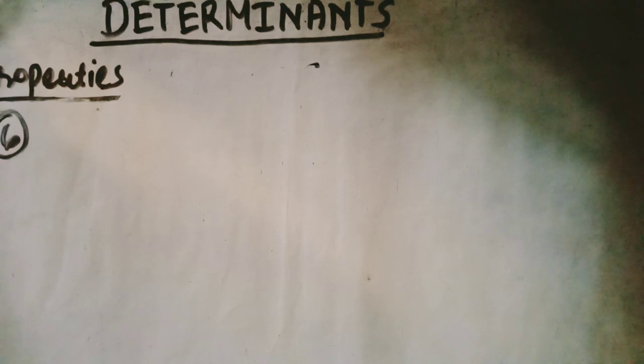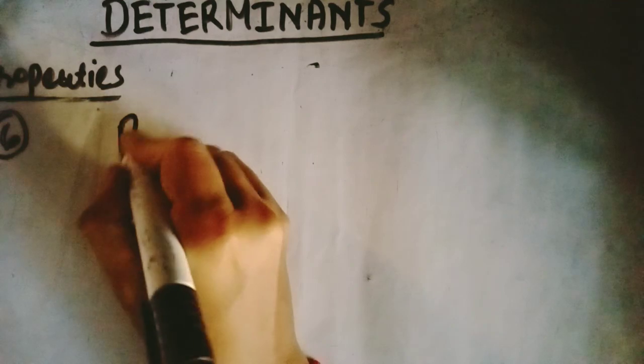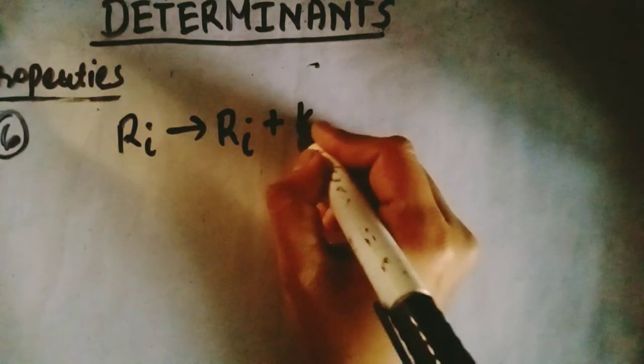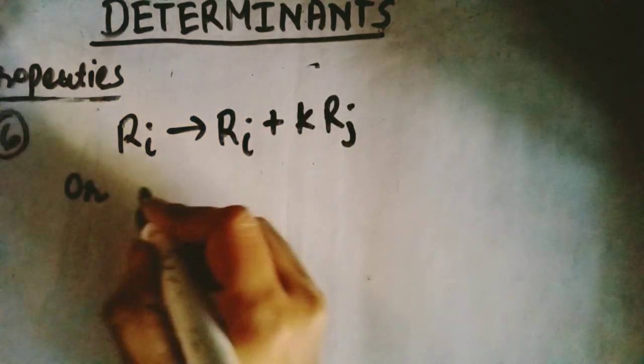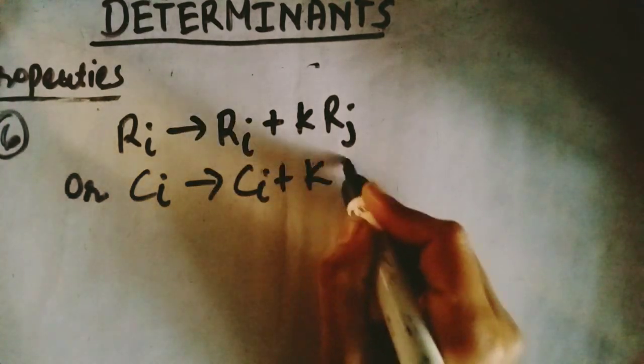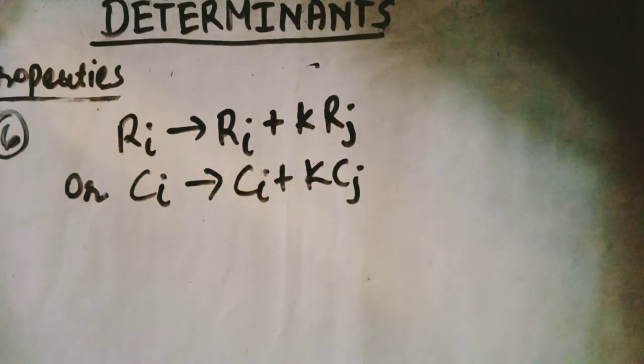That is, the value of the determinant remains the same if we apply the operations, say Ri to Ri plus k Rj, or Ci to Ci plus k Cj. That is, when we are applying row operations or column operations, the value of the determinant remains the same.